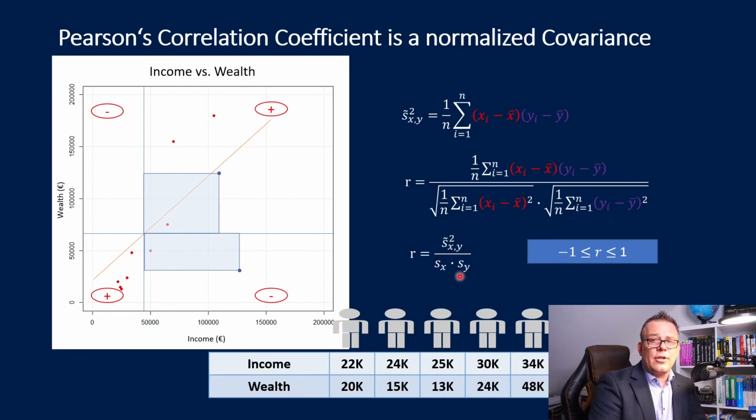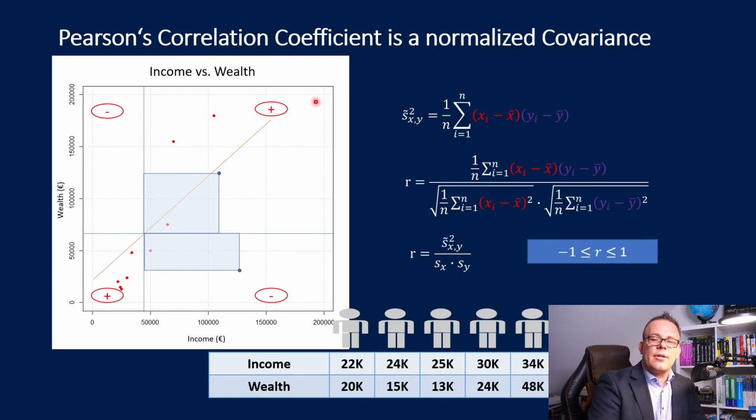Pearson's correlation coefficient, of course, has one large downside, one large disadvantage. Points that are far away from the mean or all other points will get a very heavy weight in the covariance, in the mean here, because their area is so large that they can dominate the whole correlation coefficient.